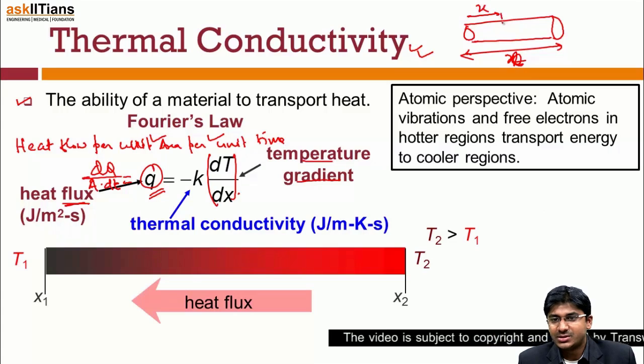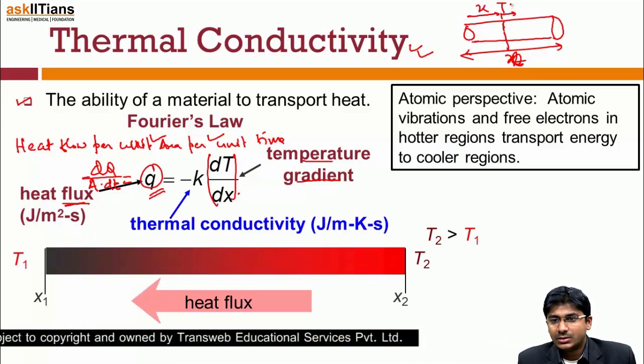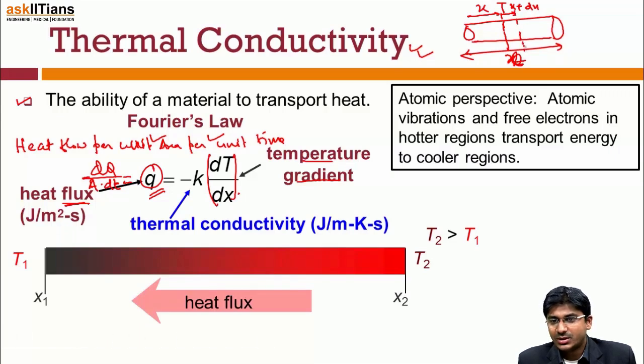Suppose here the temperature is T. At a length x plus dx, the temperature becomes T plus dT, right? So what is the temperature change in length dx? It is dT. So the gradient will be dT by dx. This is what this term means: if you move a distance dx, what is the change in temperature dT? That will give you dT by dx.